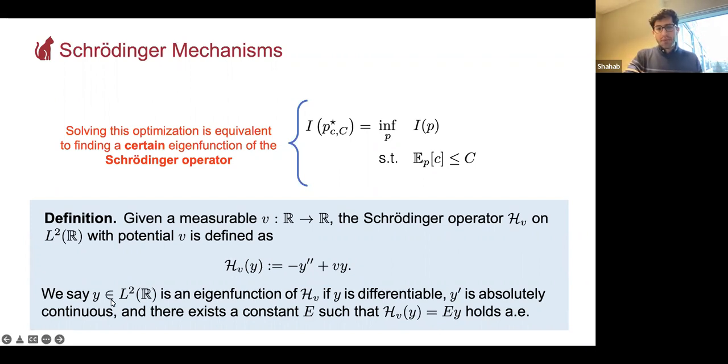A function is called an eigenfunction of the operator if y is differentiable, y prime is absolutely continuous, and there exists some constant e such that we have this equality. This is exactly like the eigenvalue and eigenvector in a matrix. That answers what the Schrödinger operator is, and then this certain. We will see that this certain means the eigenfunction corresponding to the smallest eigenvalue of this operator.